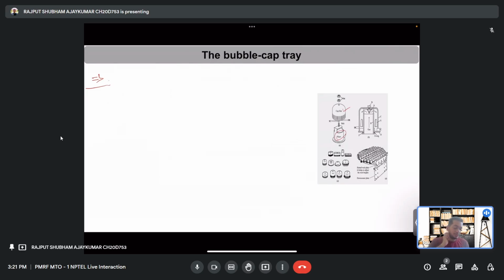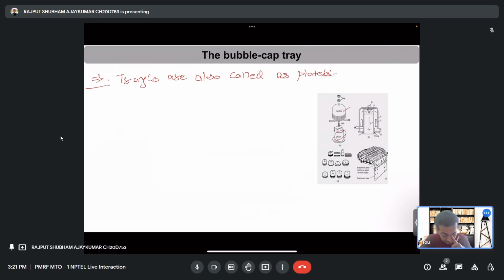So before going to the trays, the major functions of the tray are, in order to avoid confusion, trays are also called plates.